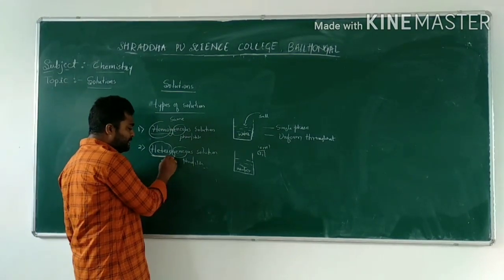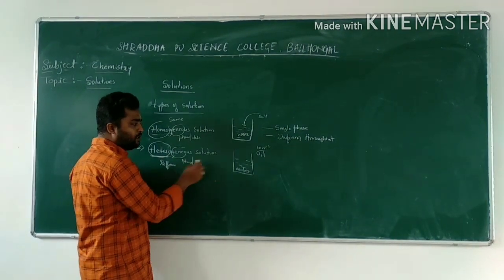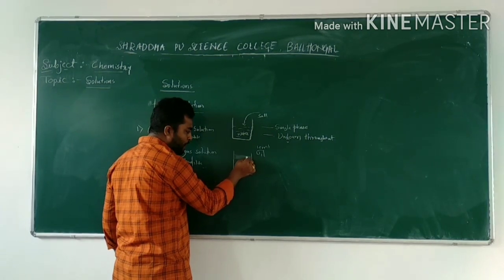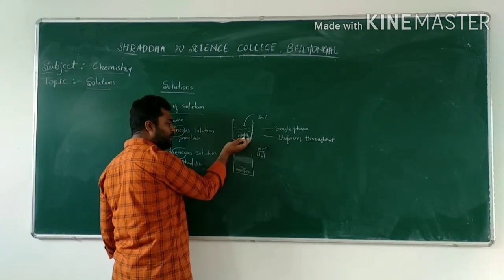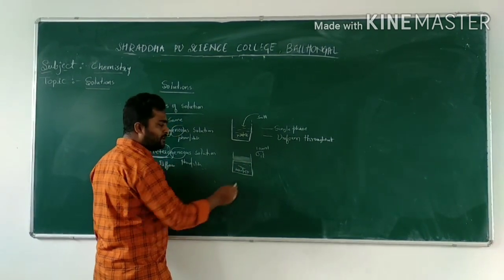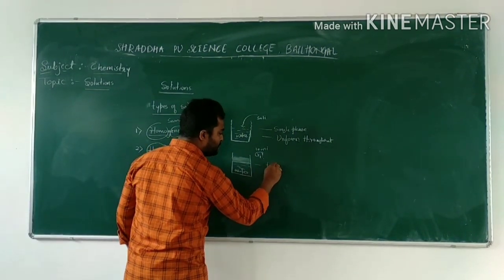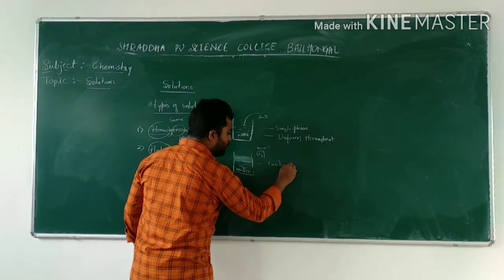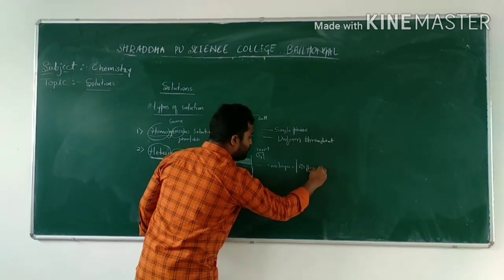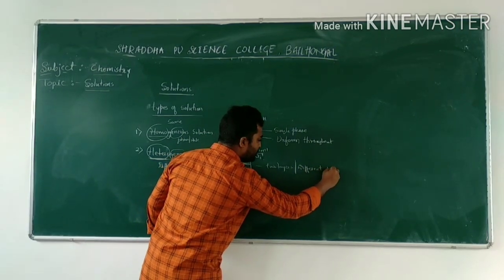Then hetero means it is different. So if I add 10 ml of oil, you will see the separation of the oil layer, that means oil is at a different level and water is at a different level. That means there are two layers here, or different layers.